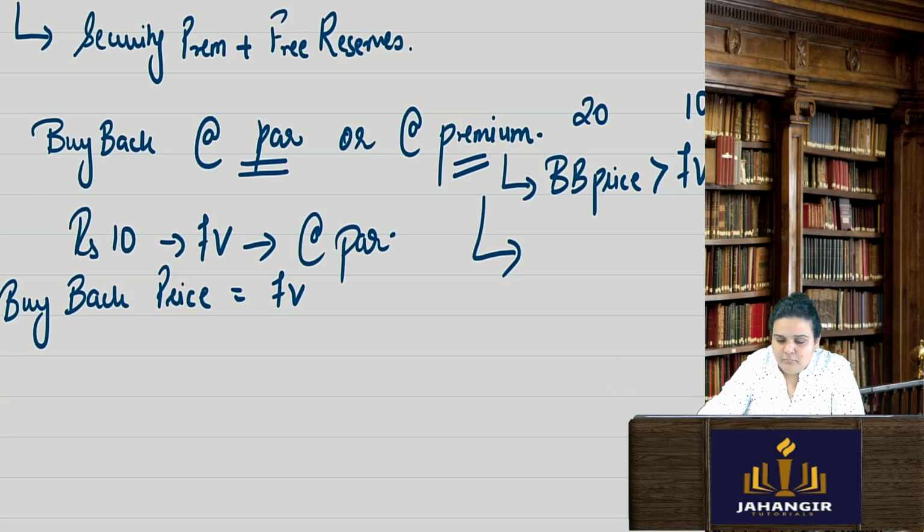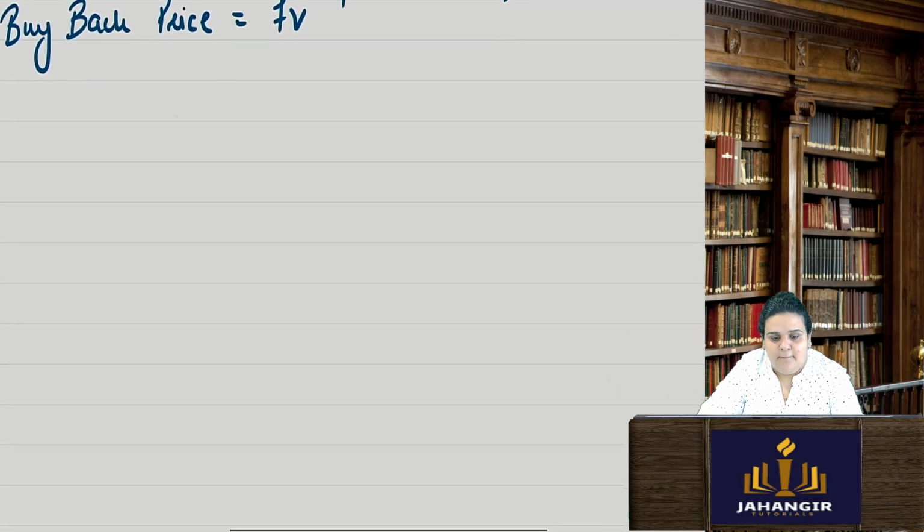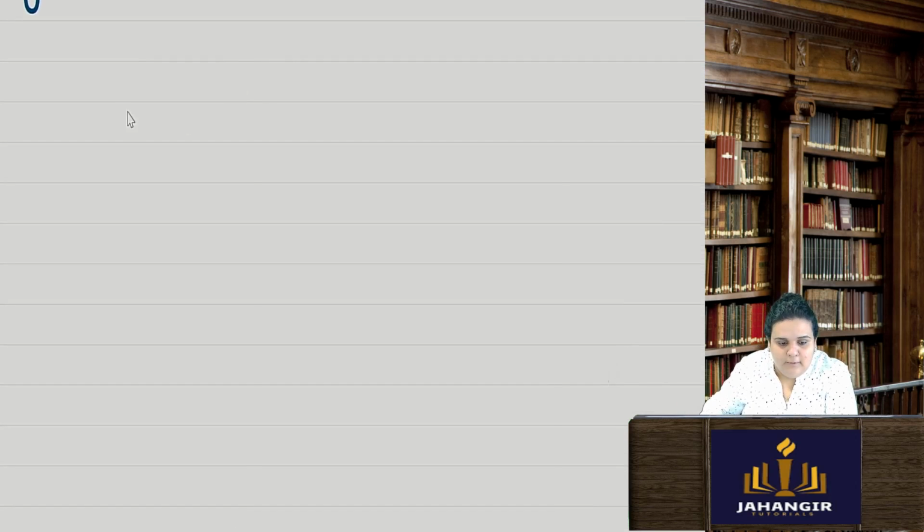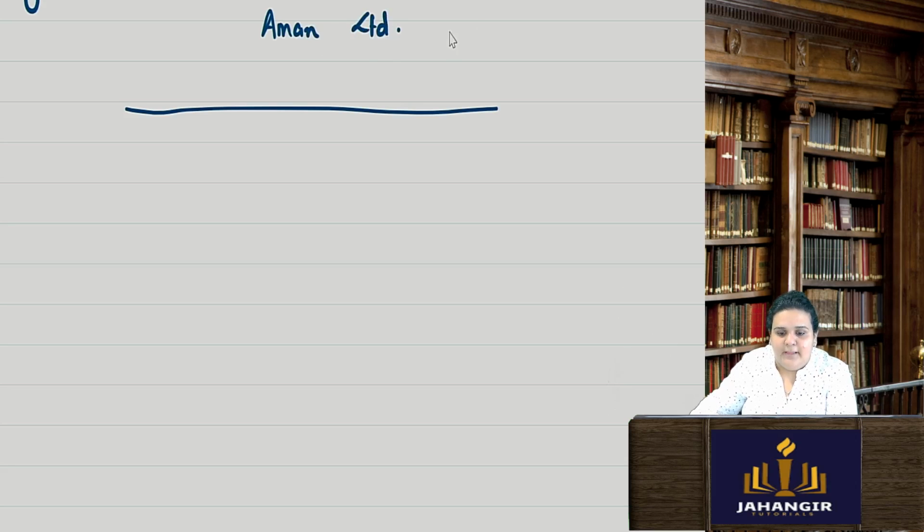Now, one important thing, I will also take you all to the journal entries, but just see this. Say suppose this is my balance sheet. I am taking the example of Aman Limited. We are doing a buyback of 5,000 shares of rupees 10 each.